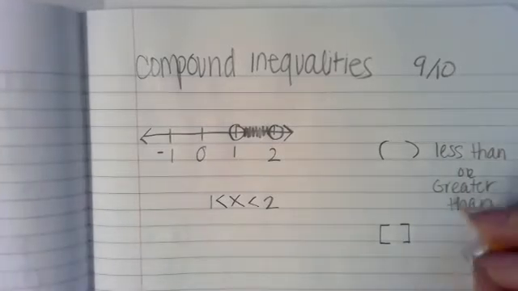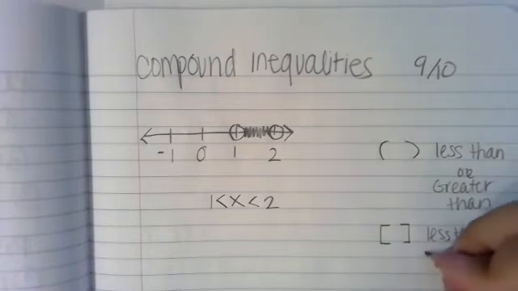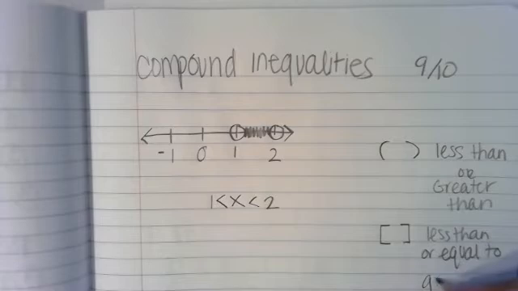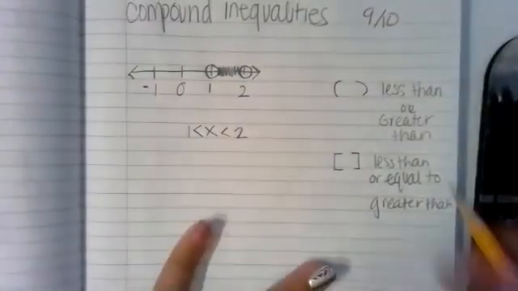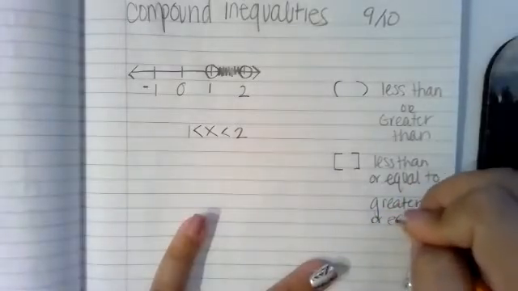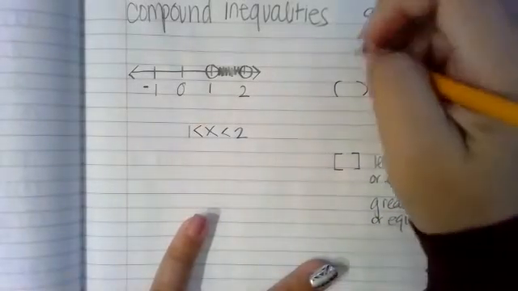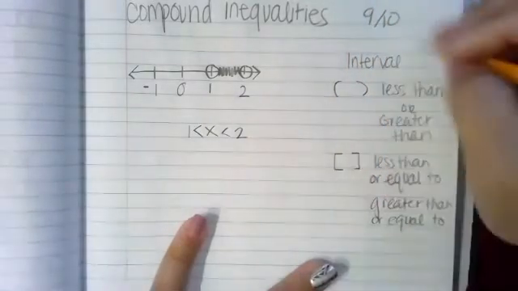So this would be less than or equal to, greater than or equal to. And again, this is called interval notation.